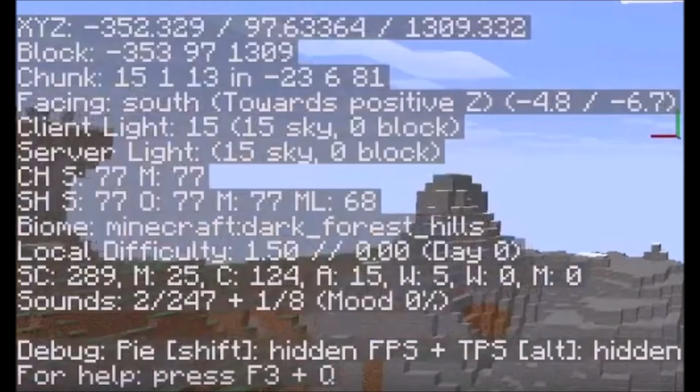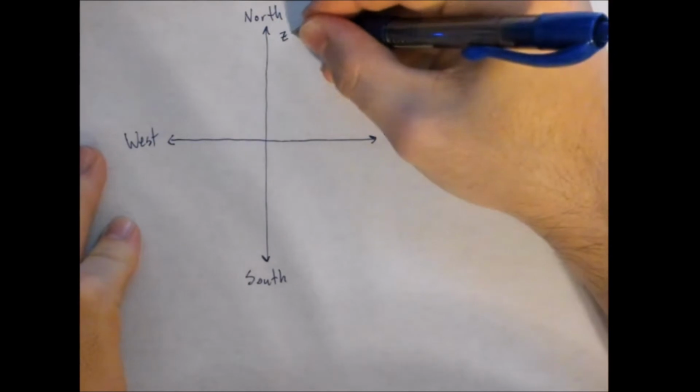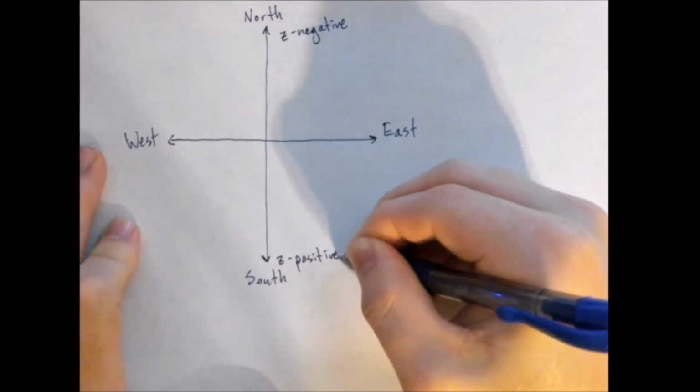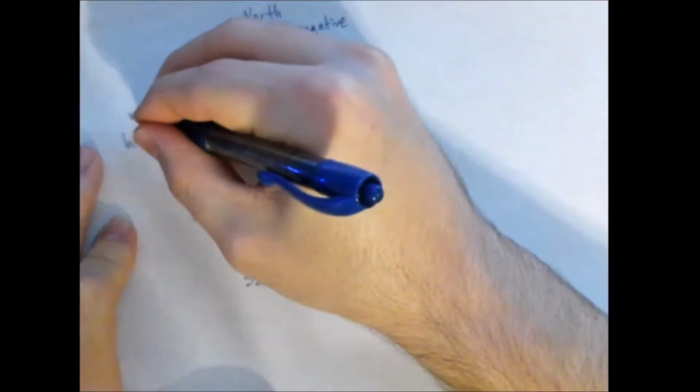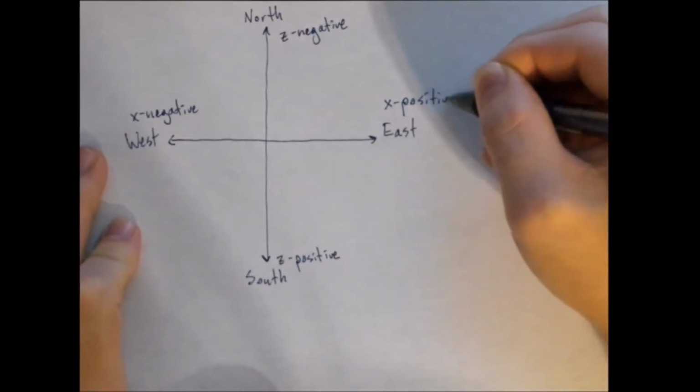The last one, Z, represents your north to south location on the map. And no, north is not positive like you would assume it is. North is actually the negative Z direction, while south is the positive Z direction. East is X positive, and west is X negative. And since we only need our location on the map, we don't need to worry about the height, at least.